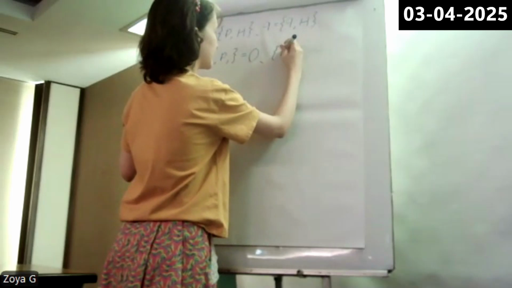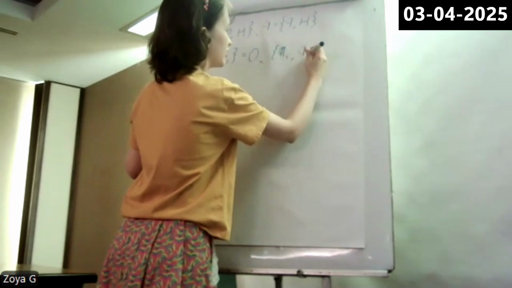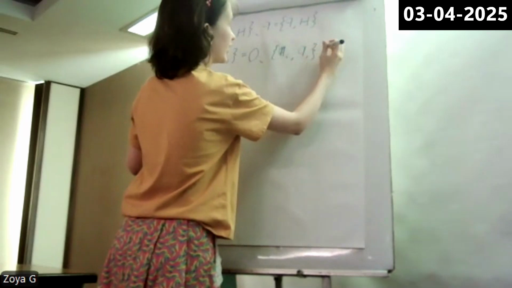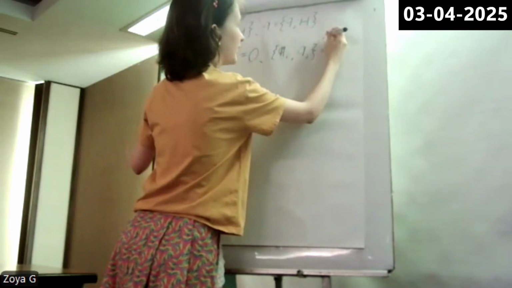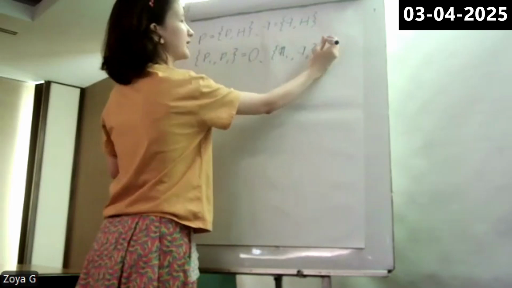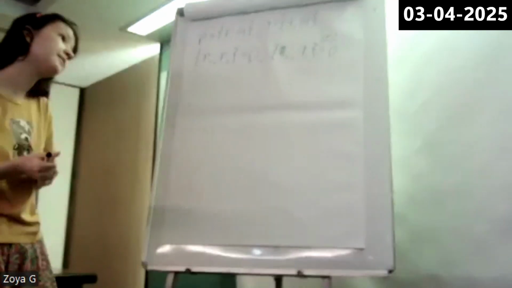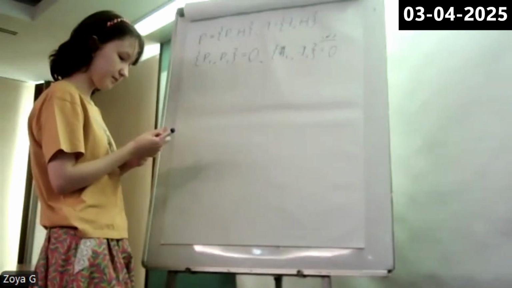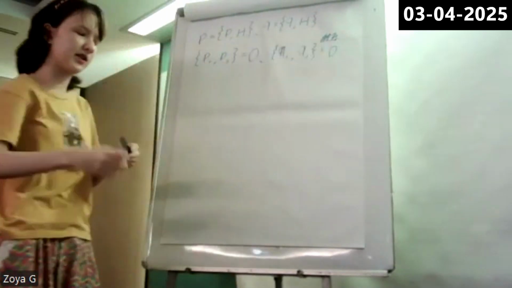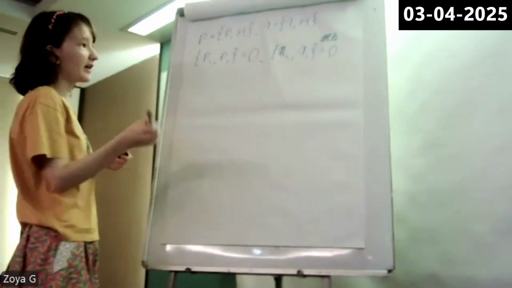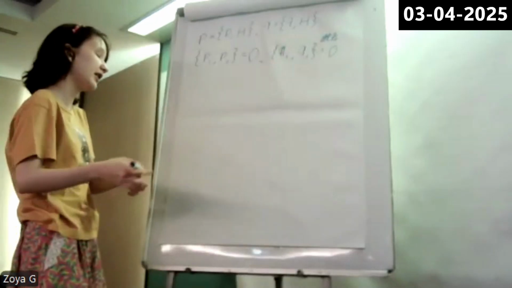The Poisson bracket between any two q's that are not the same is 0, provided i is not equal to j, right? This is important. Yeah, this will always hold true, or this has to hold true if the system is going to be Hamiltonian.